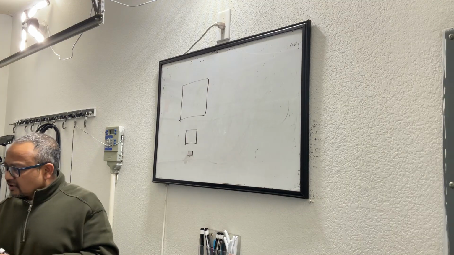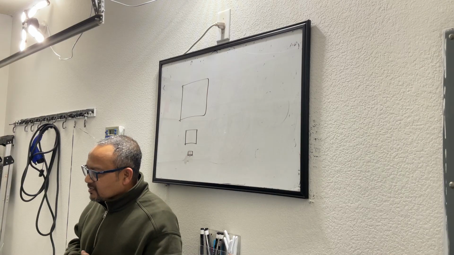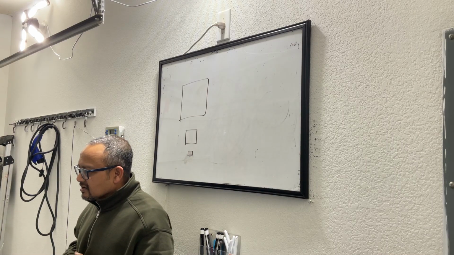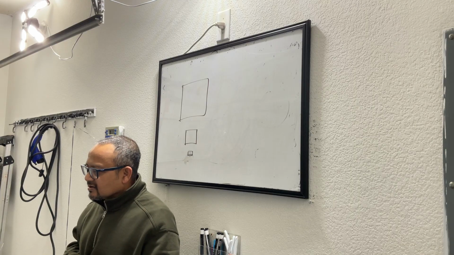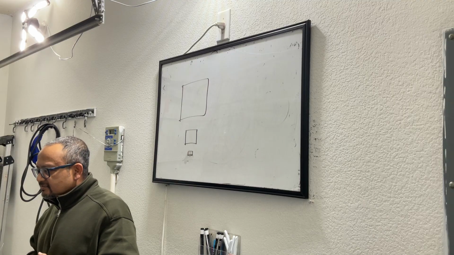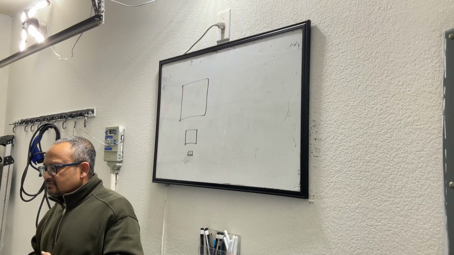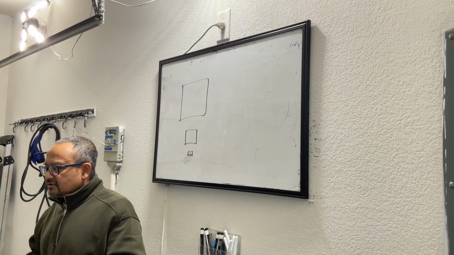What is a perimeter? Let's see if anybody knows about perimeter. Yes, Praneet. A perimeter is the fence around the shape. Okay. A perimeter is like the outside of the shape. Okay. Deekshita.